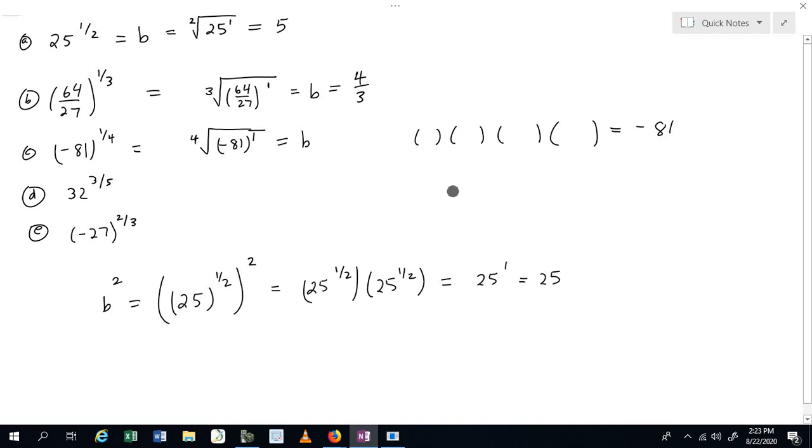But remember, we talked about this last time. When you multiply a number by itself an even number of times, you'll never get a negative number. So this is not a real number. So C is not real.